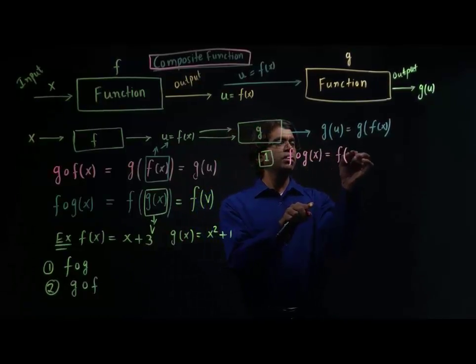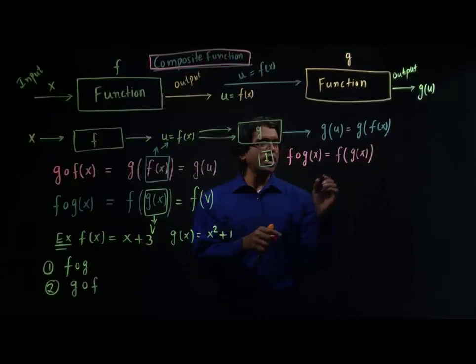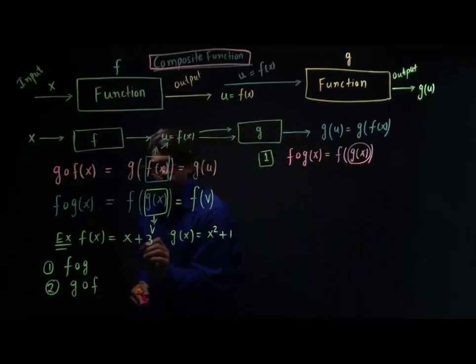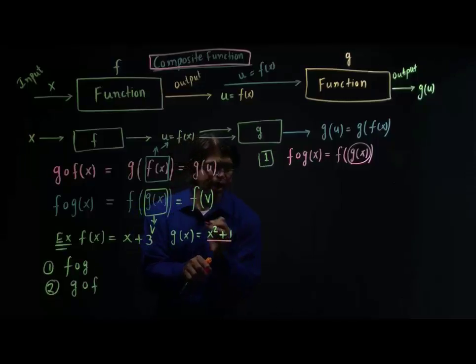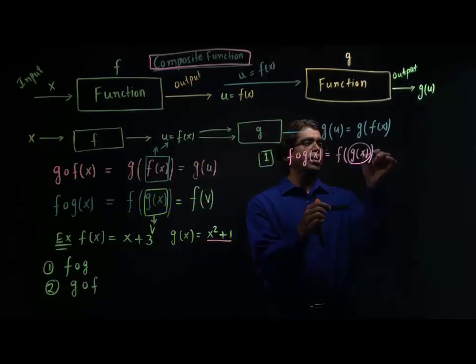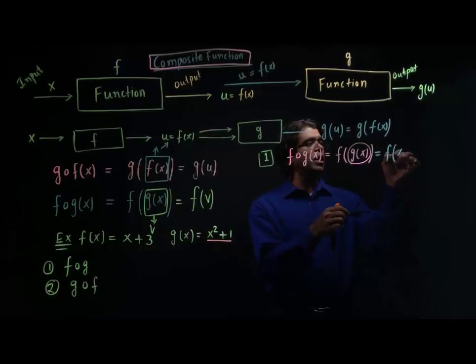f of g of x, right? And for every g(x) right here, I'm going to put g(x) from here, which is x squared plus 1. So this is equal to f of x squared plus 1.